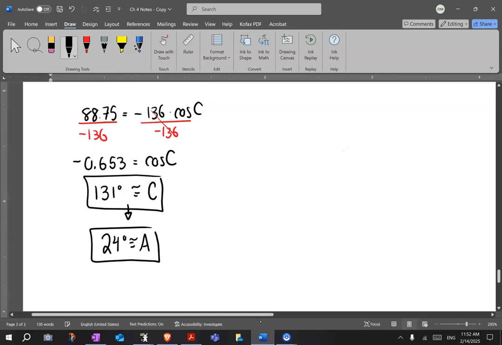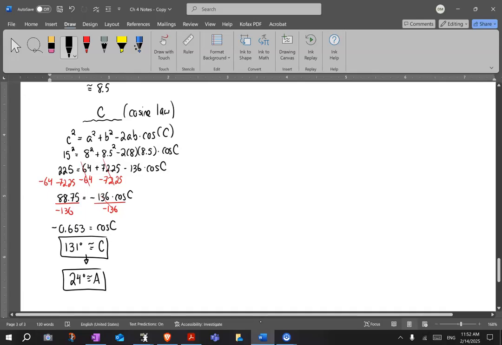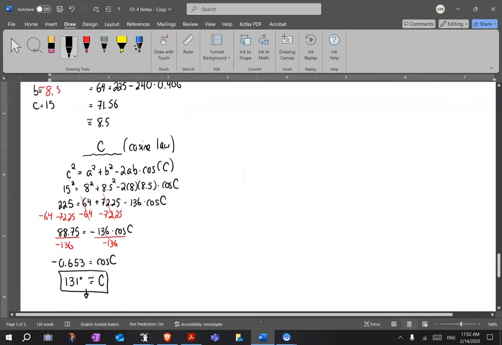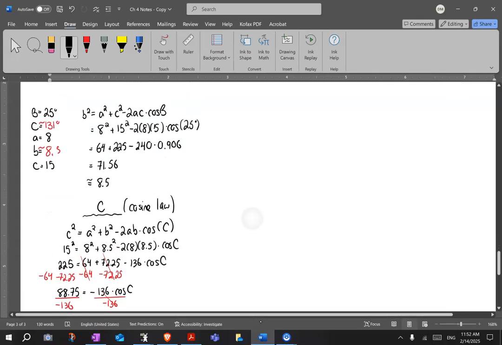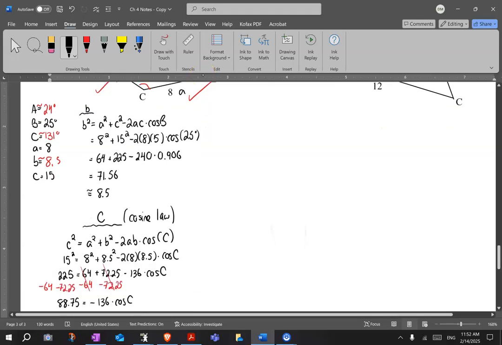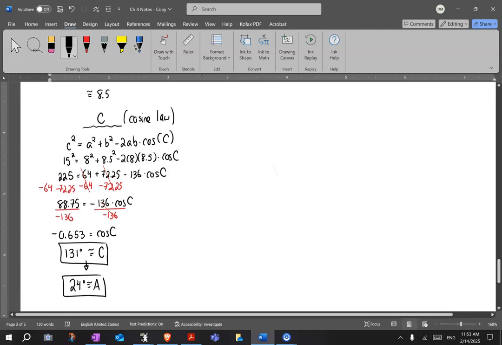I was forced to use the cosine law to find a side, and then I could use the cosine law to get a single answer, the only correct answer, which is 131 for angle C. You could have used the cosine law for finding A instead. And because I know that there's only one possibility and the cosine law will do the heavy lifting and get that one answer, I can be confident that if all the angles add to 180, I've come to the right solution.